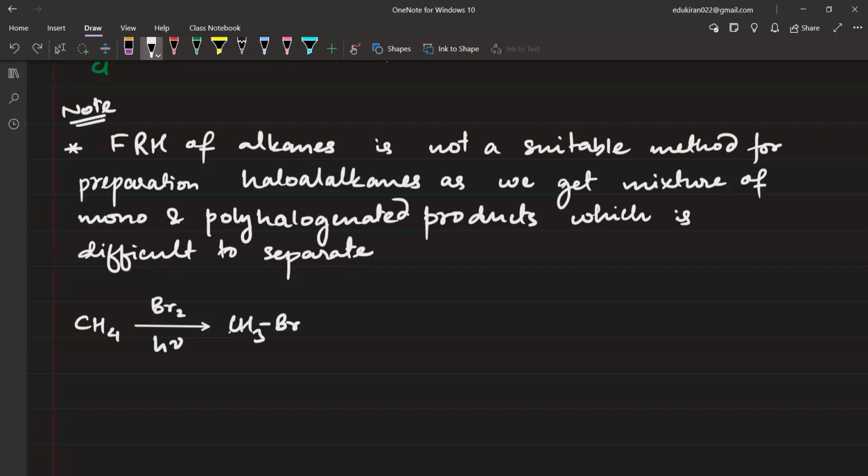So what is going to happen? First of all, whatever CH4 meets Br2, right? Because when we are mixing things, it is not necessary that all CH4 will meet Br2. And unless and until methane meets bromine, the reaction will not happen. So when CH3Br is formed, there is plenty of Br2 left, plenty of CH4 left, and we have a new item here, CH3Br.